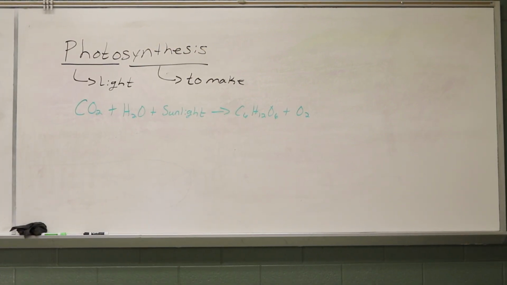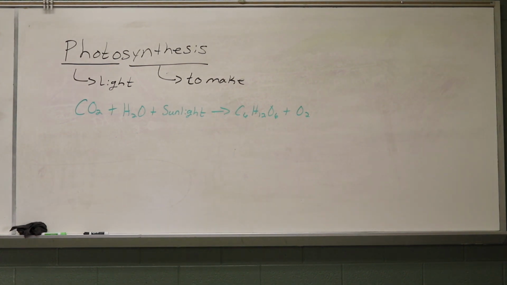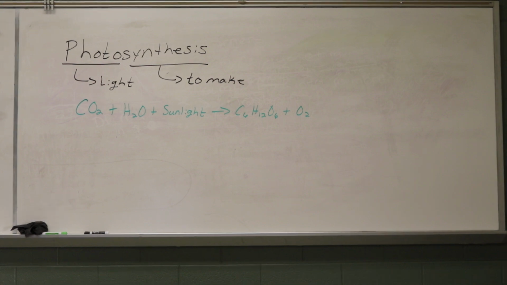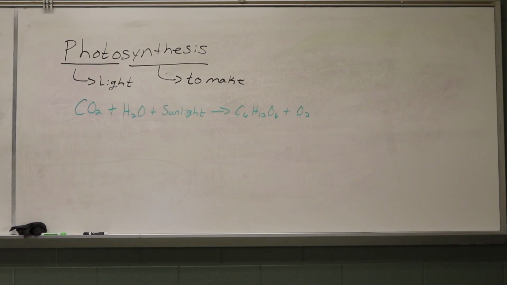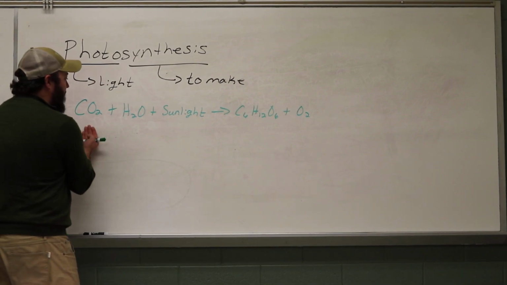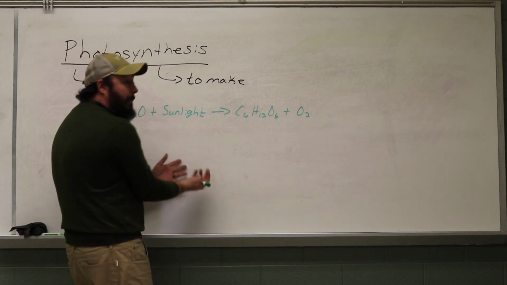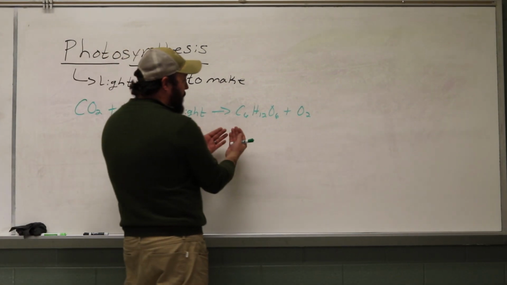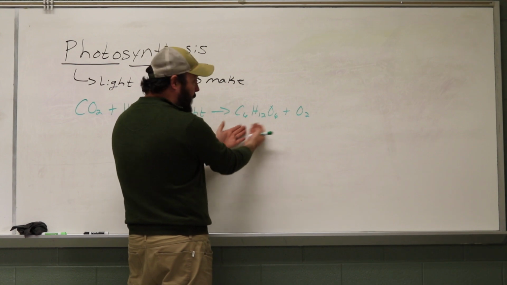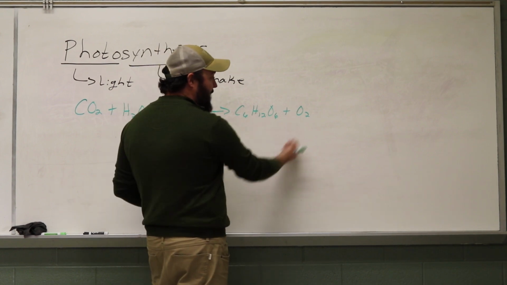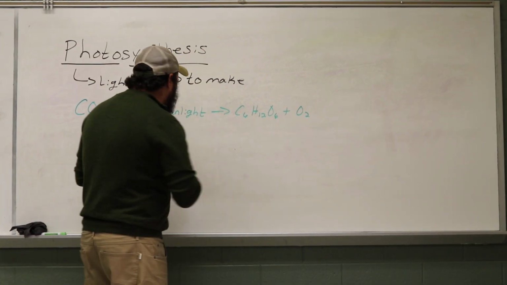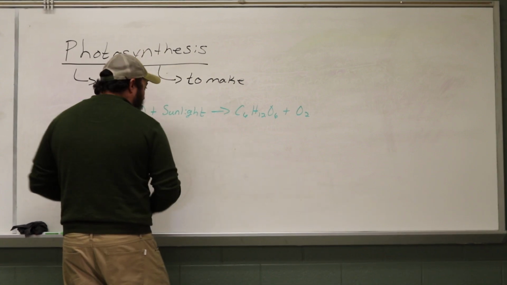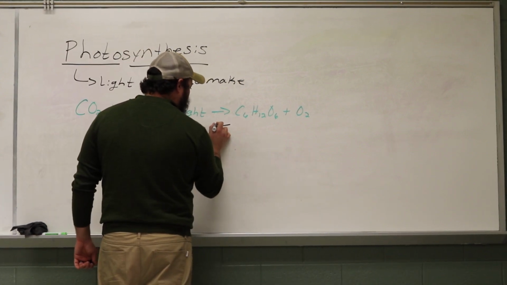And what it shows is that the inputs and outputs are the opposite from cellular respiration. So if you have carbon dioxide, water, and sunlight coming in, you're able to output sugar in the form of glucose, C6H12O6, and oxygen.